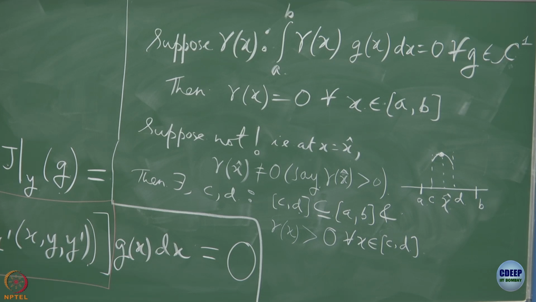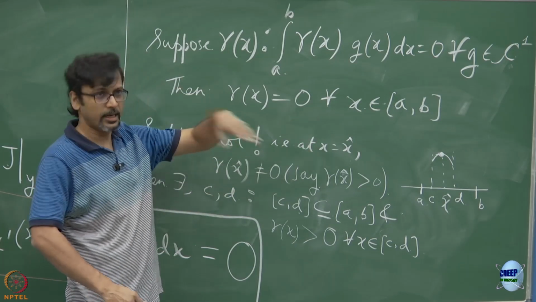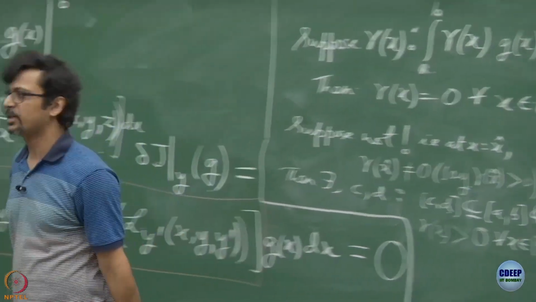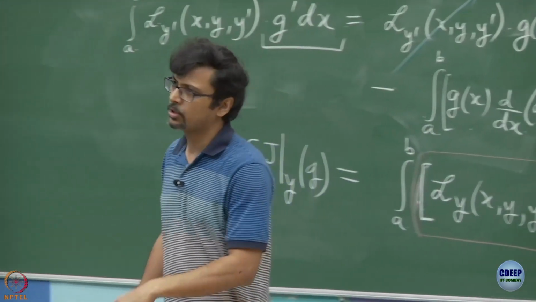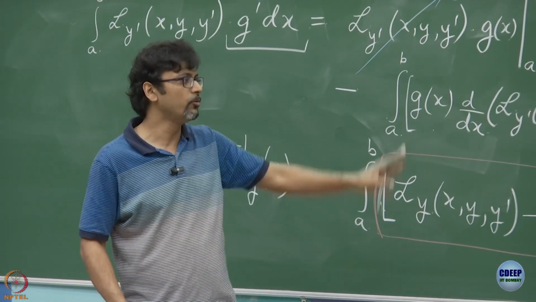So here's the claim. You are claiming, let's suppose this is not true. Therefore, there exists a point at which it is non-zero. Let it be positive without loss of generality. You will see at the end of the proof, even if you take it to be negative, the proof can be suitably tailored.